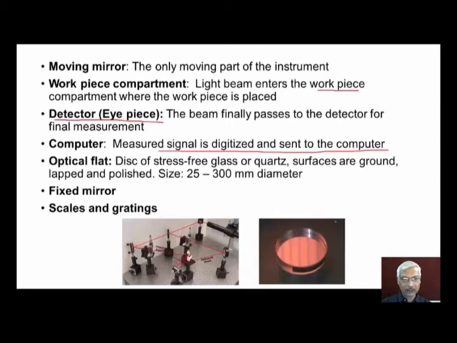You can see here an optical flat made out of glass or quartz, and here you can see an optical bench, and we can see the stands for keeping the various elements like mirrors, and then light sources, beam deflectors, detectors, etc. You can see here a lot of arrangement is provided to adjust the orientation of light source or the mirrors or lenses.